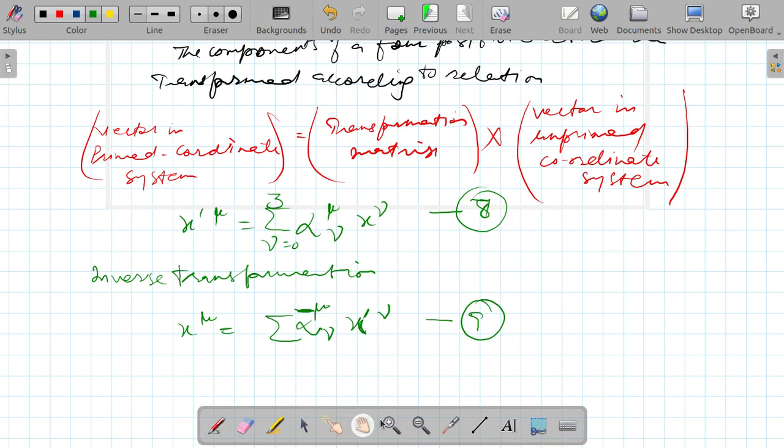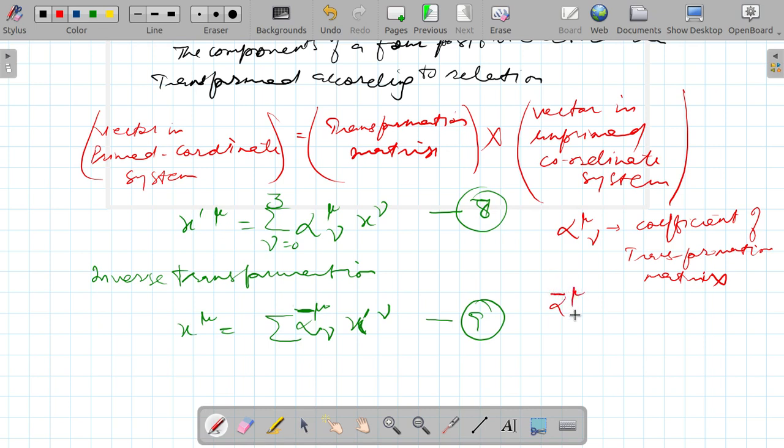Here alpha nu is basically the coefficient of the transformation matrix, and alpha bar nu represents the coefficients of the inverse transformation matrix.